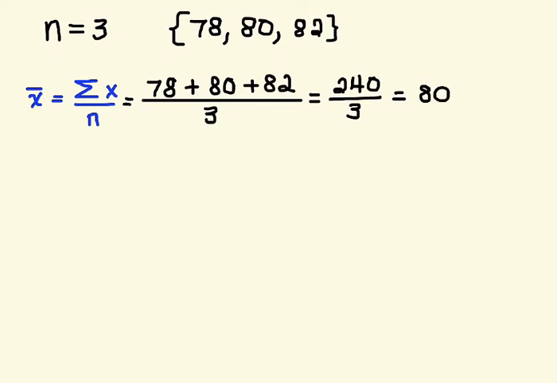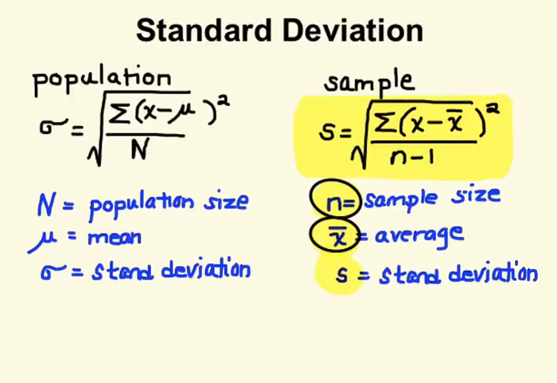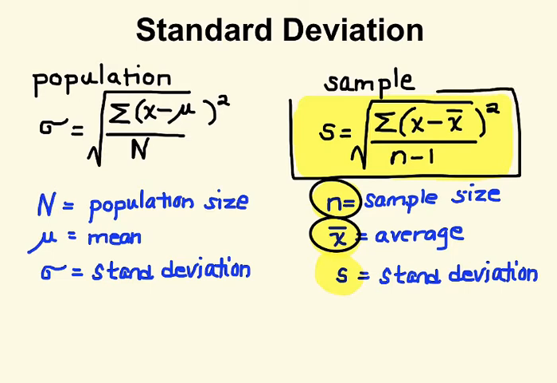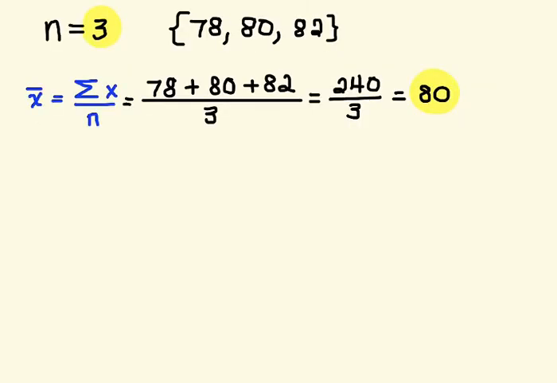Okay, so we have n, the sample size. We have 80, which is our average value. I'm going to go back. And looking at our formula, that's what we need. The formula that we're using here for standard deviation needs n and x bar. And of course, the x represents our x values. So let's go back and start this calculation.